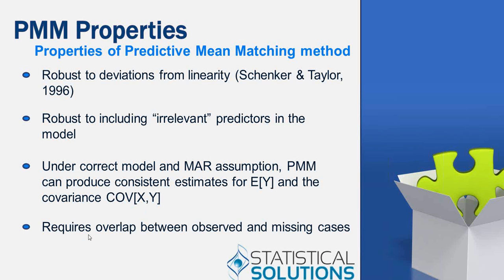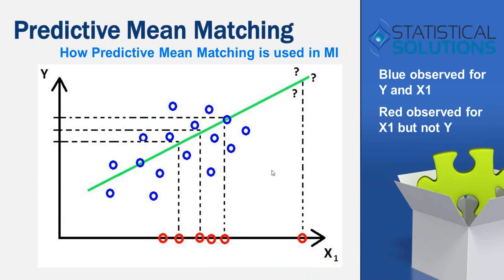And finally, as it's a matching method, predictive mean matching requires overlap between the observed and the missing cases. So what do I mean by that? Again, I'm going to revert back to my diagram. Here's the diagram I showed you earlier, where all the missing outcome values are within the observed values.